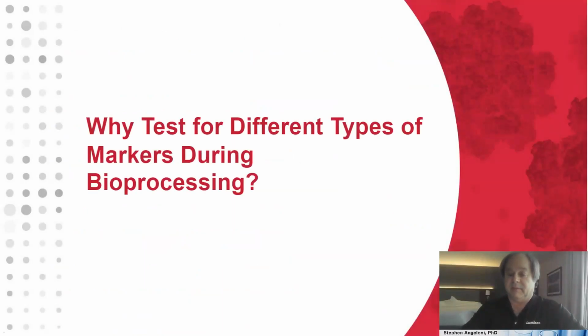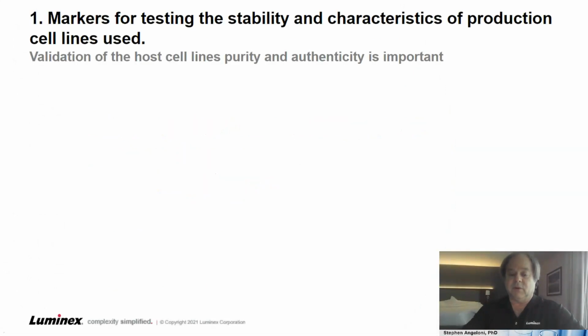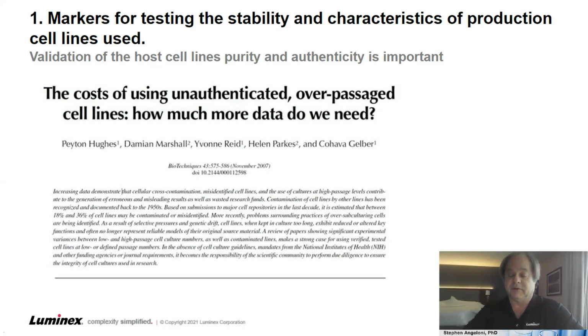So why test different types of biomarkers using multiplexing? One of the reasons why you should use the platform is that biomarkers for testing the stability and characteristics of production cell lines are required because you have to validate the purity and the authenticity of the cell lines. It's very important when you're using cells as bioreactors to know that your cells are going to be pure and they're going to be the correct cell type when using them to generate biologicals.